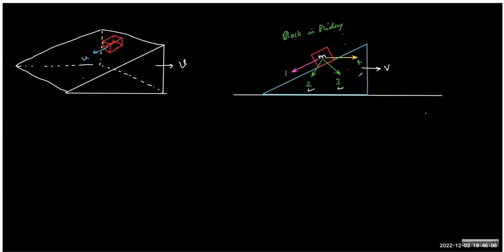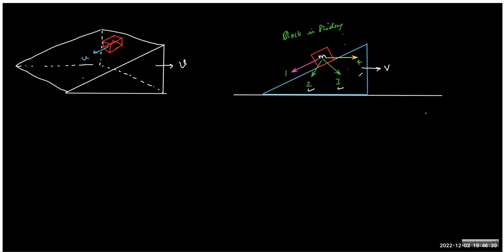When I'm not giving you any reference, it means I'm observing from the ground. So for the ground frame observer, is it possible for the block to move in the direction of 1? No, sir, because as you go down, the wedge will go forward. So can you continue moving in direction one? No. The answer is that one cannot be the direction at all. That's impossible.